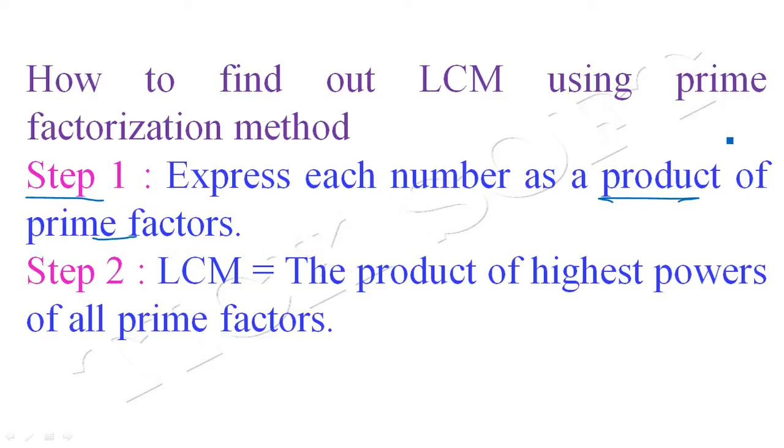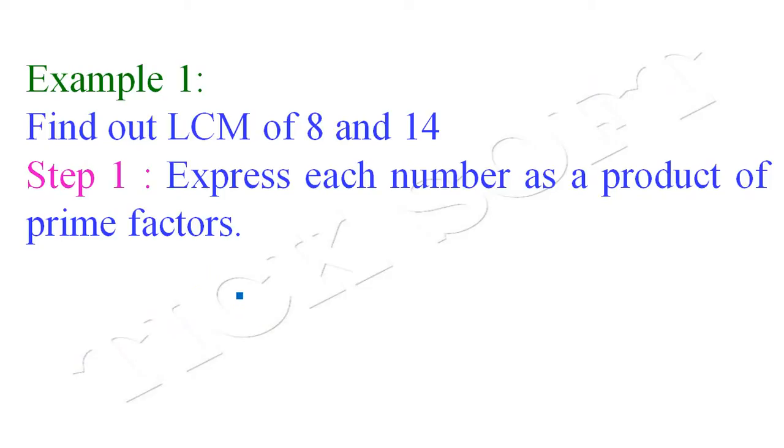That is very important, because the name of the method itself tells us it is the prime factorization method. Step 2 is that the LCM will be equal to the product of the highest powers of all prime factors. We have to take the highest powers of all the available prime factors. Just by finding the prime factors we can easily find the LCM.